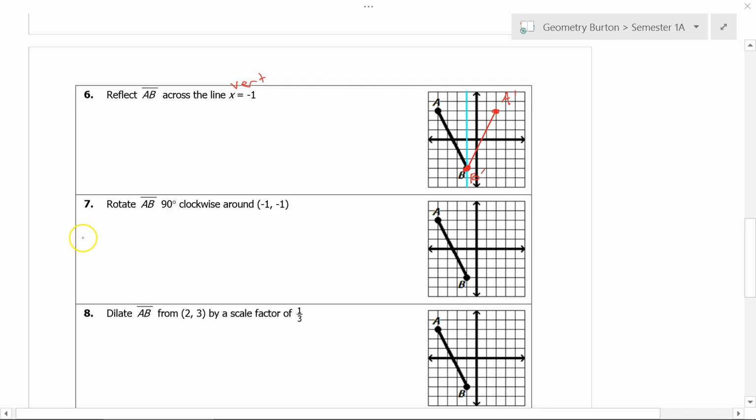First, start by recording the original points. So my original point A is the point -4, 3. And my original point B is the point -1, -3. Alright, so this strategy is called move to the origin and back.